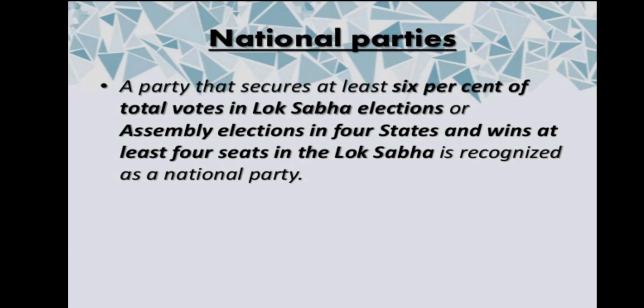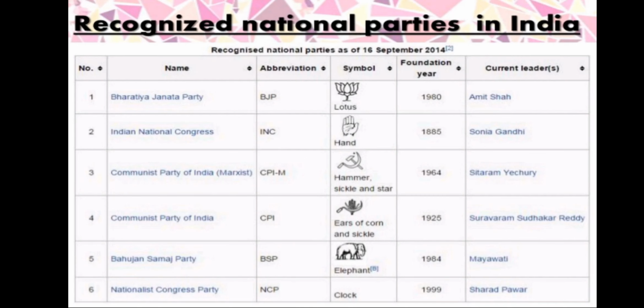Now students, in front of you there is a list of some of the national political parties, and this list is till the date of 16 September 2014. You can see some of the parties: BJP, Indian National Congress, CPIM, CPI, BSP, NCP, and many more are also there.